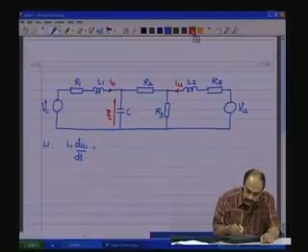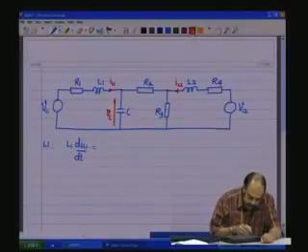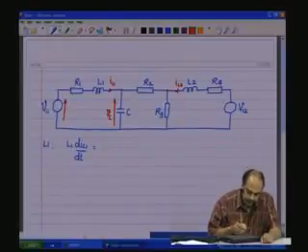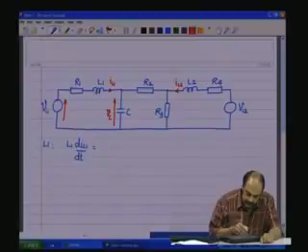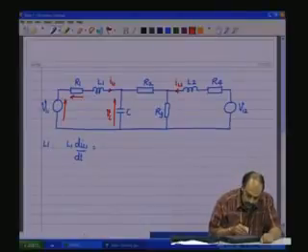So, let us see the other voltages which are there in this loop. There is the source voltage in this direction. So, if the current is assumed to be flowing in this direction, we have the voltage across the resistor in this direction, and of course, the inductance voltage in this direction.